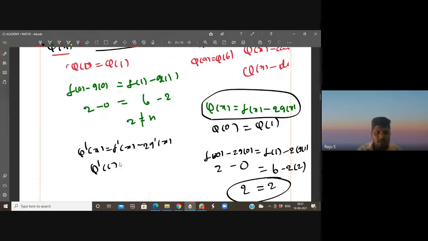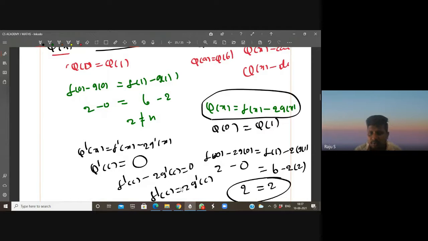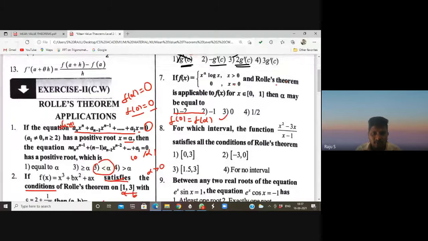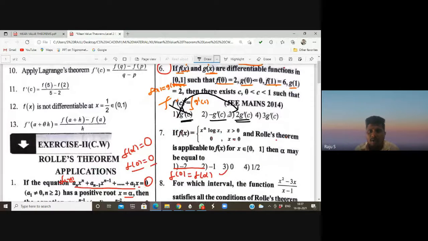According to Rolle's theorem, phi dash of c is equal to 0. So f dash of c minus 2 into g dash of c is equal to 0, so f dash of c is clearly 2 times g dash of c. Understood, students? I hope you understood. So the third option is correct.